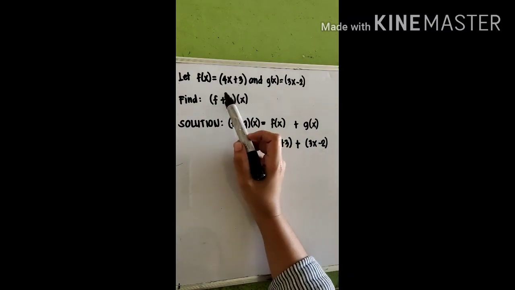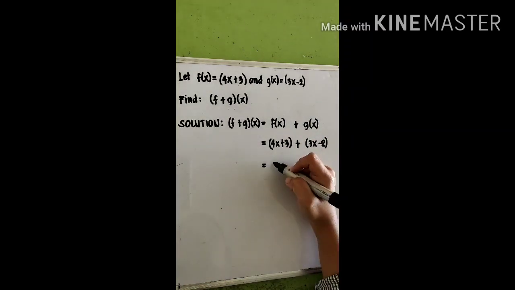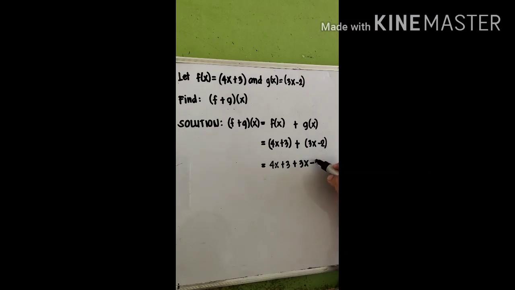So the given f(x) is 4x plus 3 and the given g(x) is 3x minus 2. So we have 4x plus 3, and then we are going to distribute this positive sign into the second function g(x), which is 3x minus 2. So positive times 3x is positive 3x, and positive times negative 2 is negative 2.